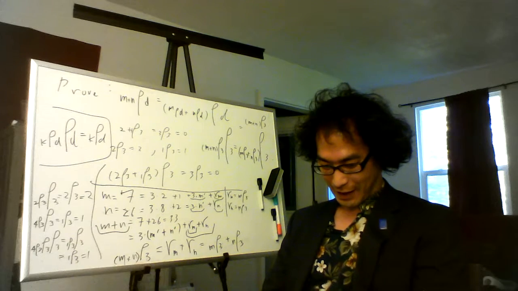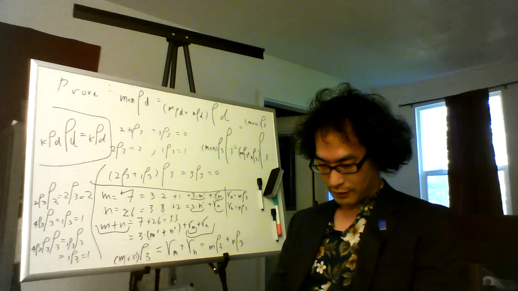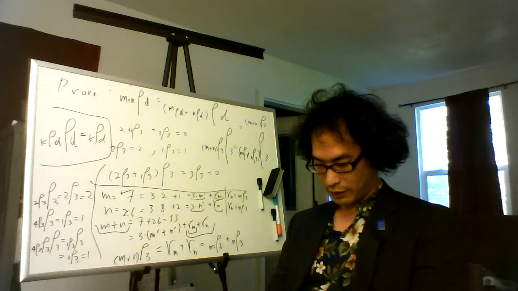So (m plus n) rho d is equal to m rho d plus n rho d.